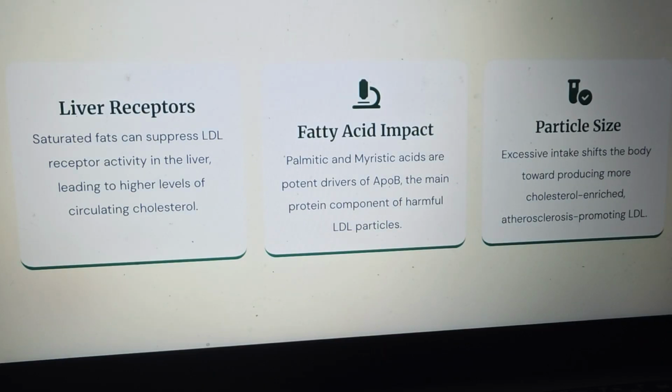Okay, what is the biological mechanism of this saturated fat? The liver receptors. Saturated fat can suppress low density lipoprotein receptor activity in the liver, leading to a high level of circulating cholesterol. You know what will happen?